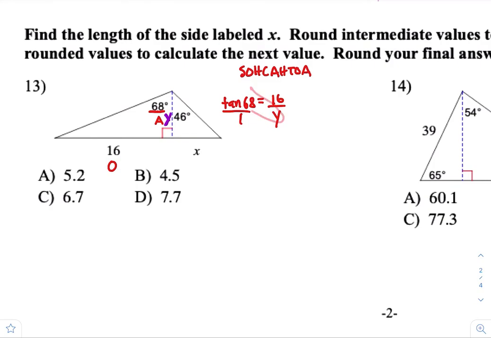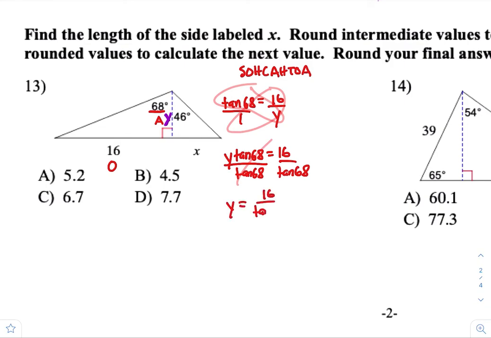Put that over 1, and we're going to cross multiply. y tan of 68 is equal to 16. We're going to divide both sides by tan of 68. These cancel. So y is going to equal 16 over tan 68.